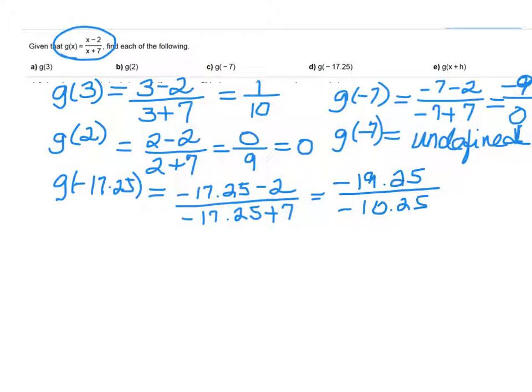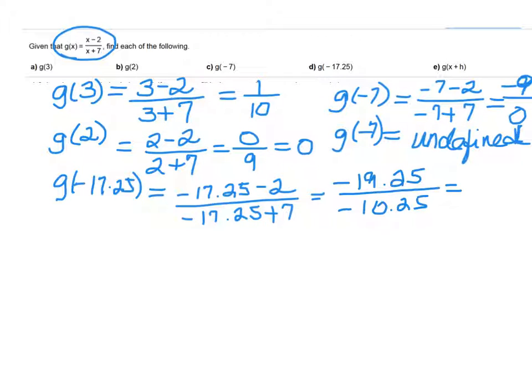And most likely what you're going to want to do here is actually evaluate that on your calculator. And if you evaluate that with your calculator, which I'm going to do right now, although I can't show it to you, I take negative 19.25 and divide it by negative 10.25.